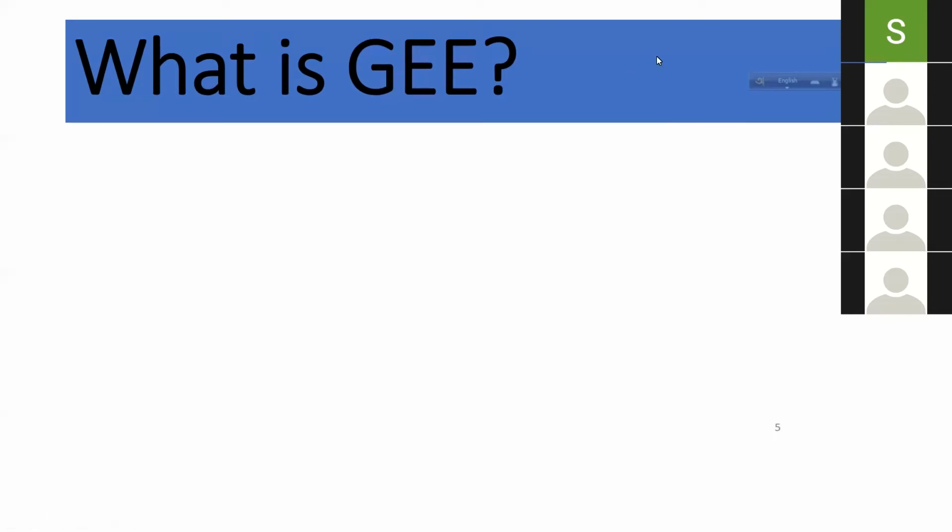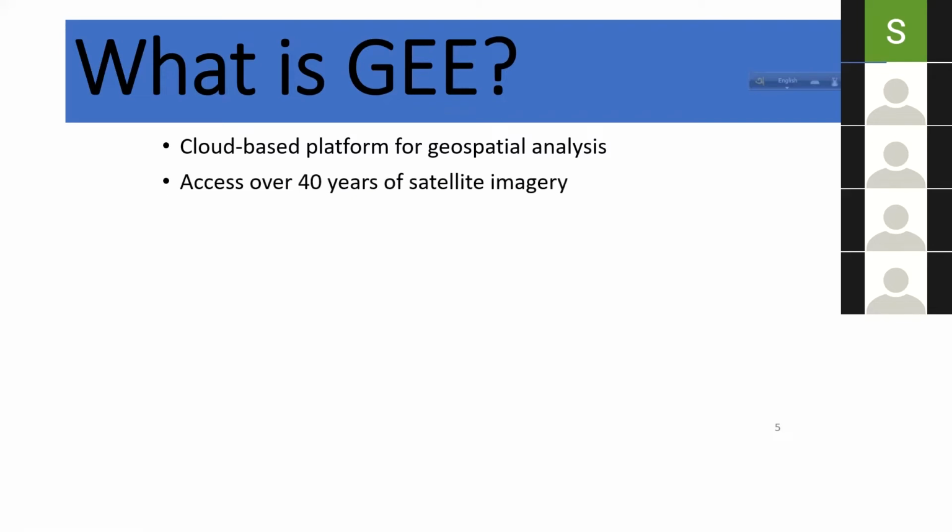So first thing, what is GEE? Google Earth Engine is a cloud-based platform where Google has made a vast amount of remotely sensed data accessible. It's over 40 years of satellite imagery, included in the Google Earth Engine datasets.